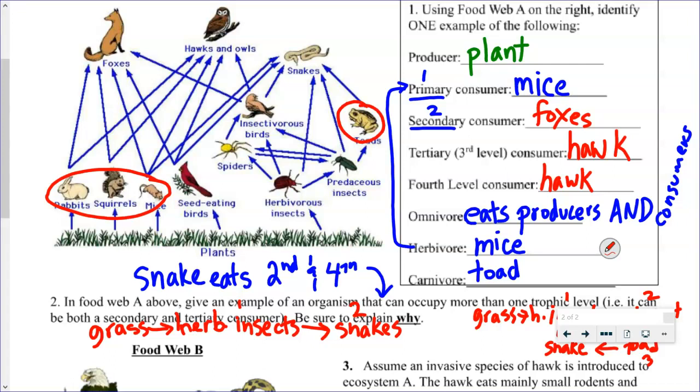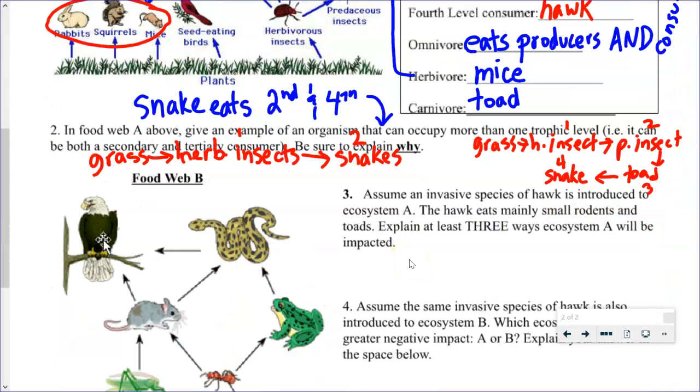And it's asking us, what are 3 potential impacts of the introduction of that hawk? Well, think about that hawk coming in and stealing 3 of the 5 food sources from our fox. Do you think the fox population is going to be impacted by having another species come in and feed on the food that they've been eating?